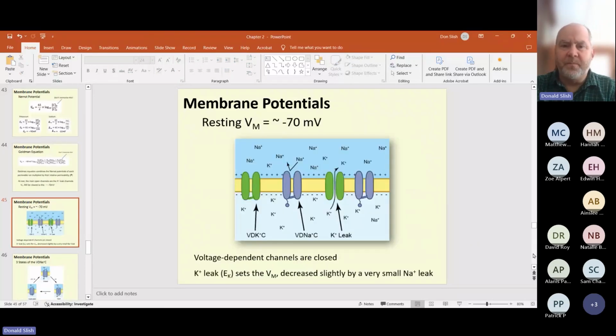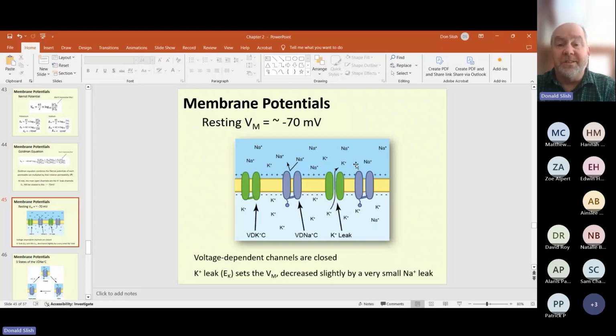So at rest, when the cells are at rest, the main channels that are open are potassium leak channels. So here's our cell at rest. You guys see this resting membrane potential, minus 70? Yes. Okay, good. Say we're looking at the membrane of an axon of a neuron. You've got voltage-dependent sodium channels, they're closed. Voltage-dependent potassium channels, they're closed. But you've got this potassium leak. So potassium's leaking out of the cell, and the membrane potential is going to be closest to its Nernst potential.